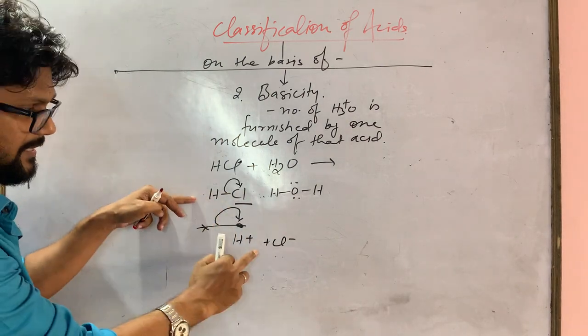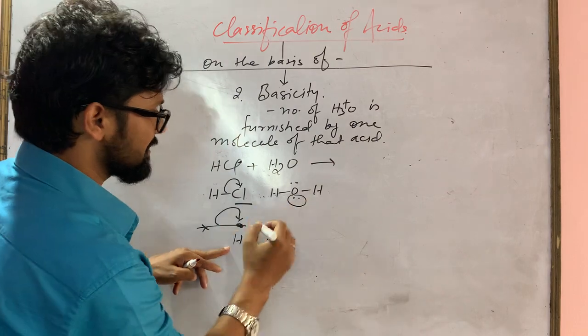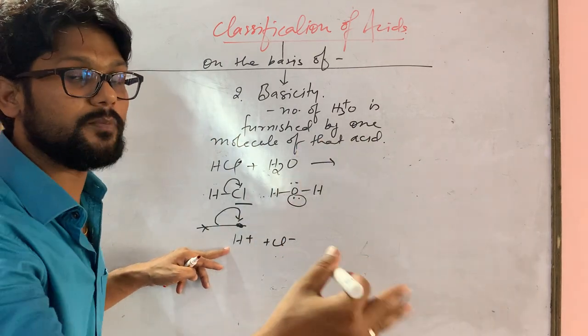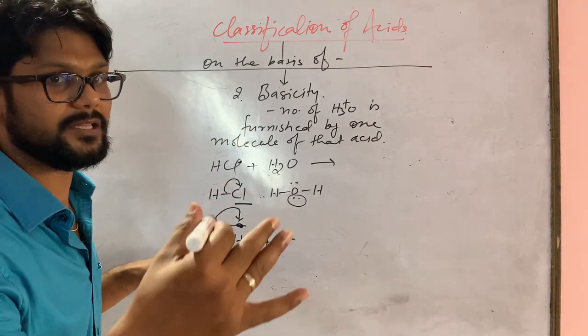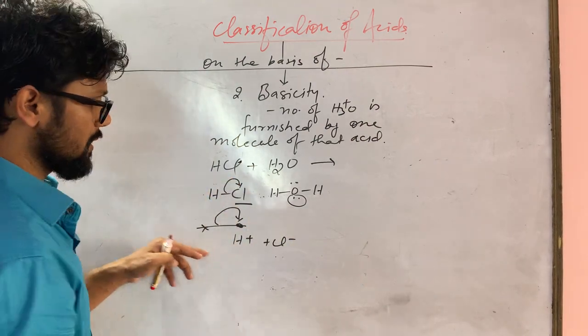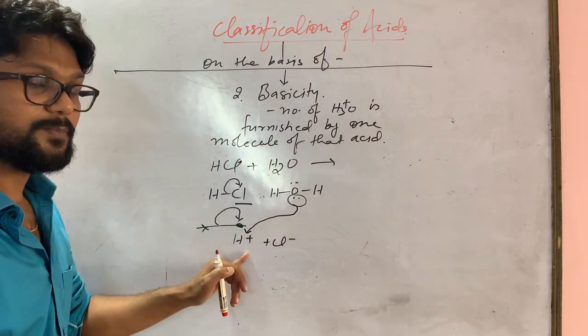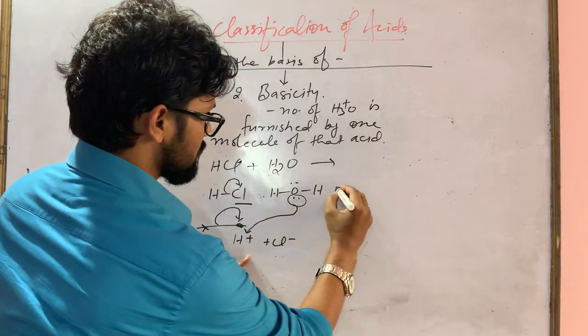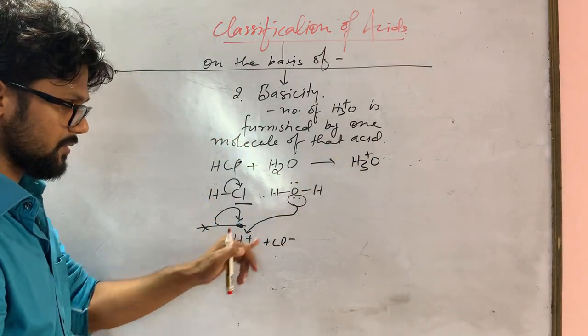I'm talking about the HCl. At the same time, this oxygen has an extra electron pair, called a lone pair, also called free electrons, which do not take part in the bonding. So this pair of electrons is given to H plus. So what is forming here? Here H3O plus is forming, right?